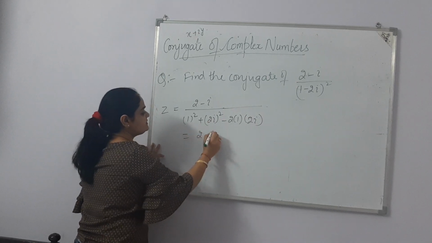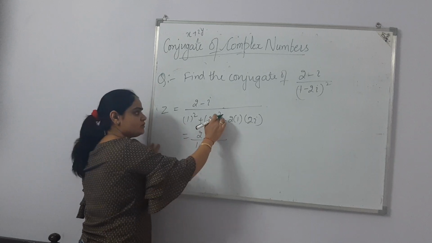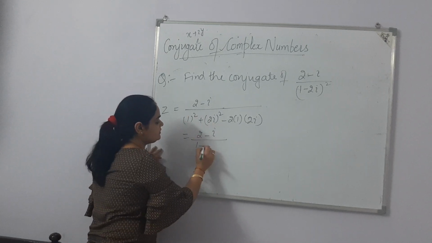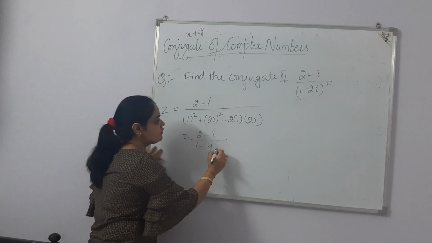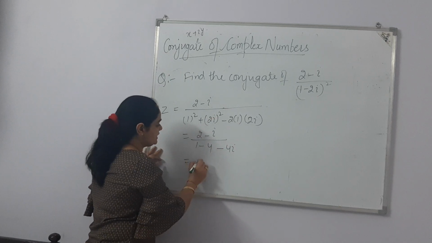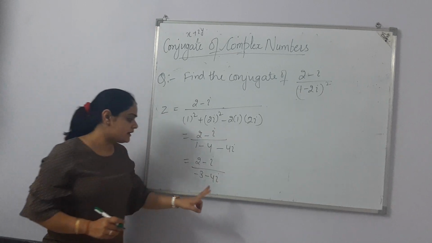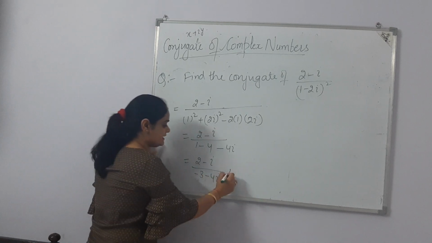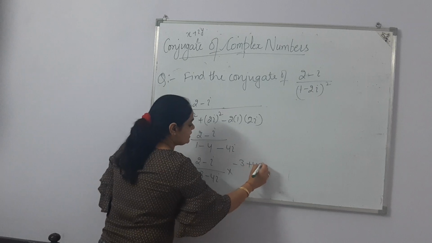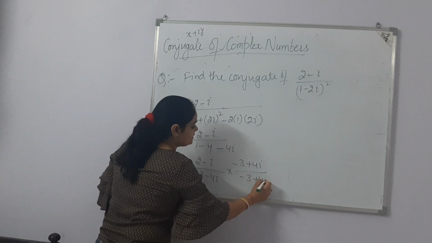So it is 2 minus iota upon 1. Iota square is negative, so it becomes minus 4 because 2 square is 4, and minus 4 iota. It becomes 2 minus iota upon minus 3 minus 4 iota. Iota is in denominator, will rationalize: minus 3 plus 4 iota upon minus 3 plus 4 iota.